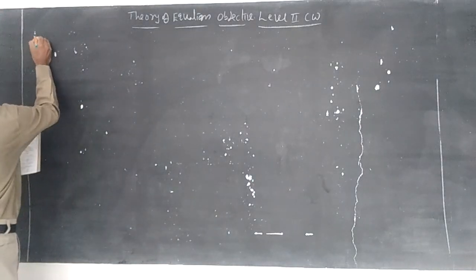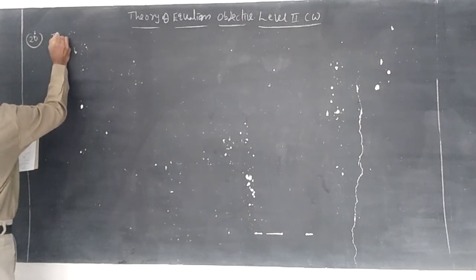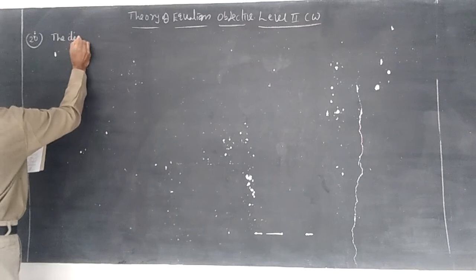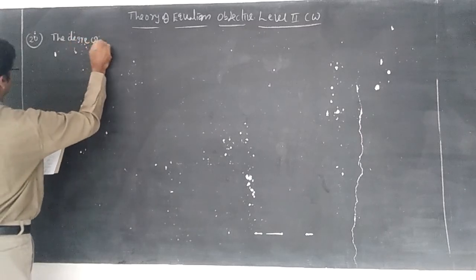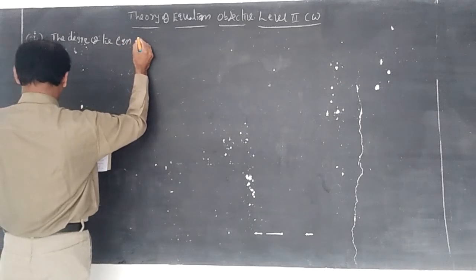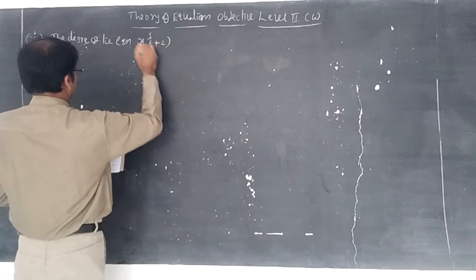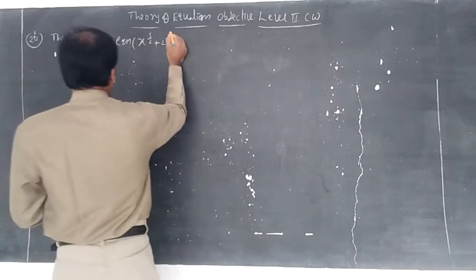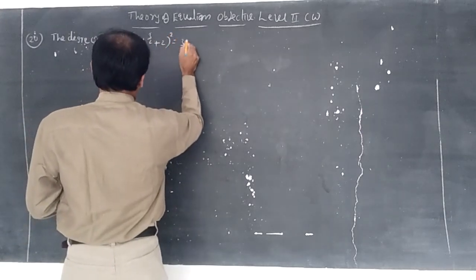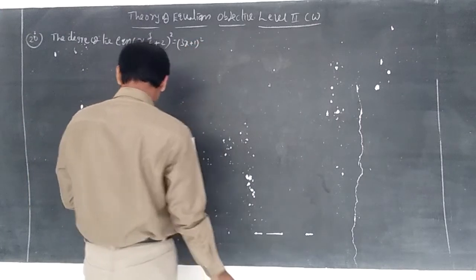Question number 20. The degree of the equation: x power 3 by 2 plus 2 whole square is equal to 3x plus 1 whole square.